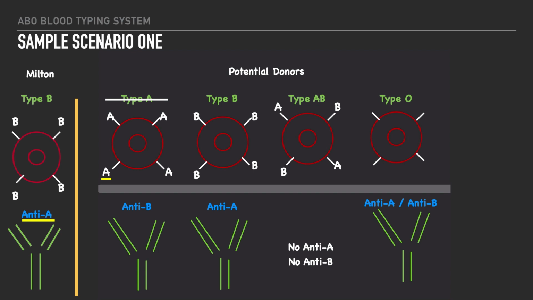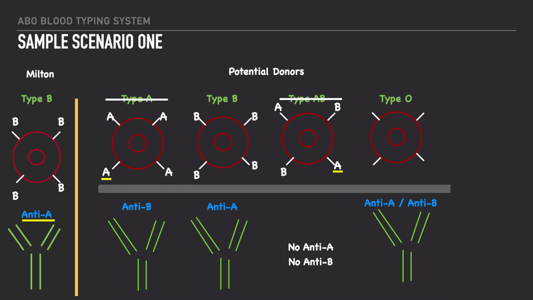Next is type AB blood. If Milton were to receive type AB blood, his anti-A antibody would attack the red blood cell antigen on the surface of this blood type because of the letter A we've associated with it. So for this blood type, we can safely eliminate someone with type AB blood donating to Milton.